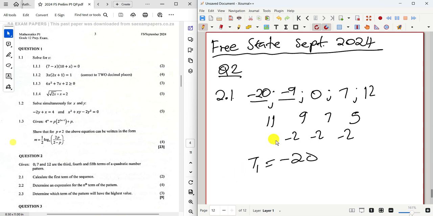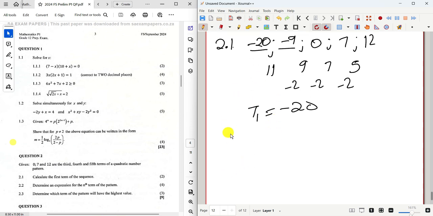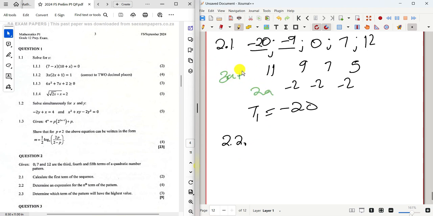Now, 2.2, determine an expression for the nth term of this pattern. You guys recall this corresponds to 2a, this corresponds to 3a plus b, and the first term corresponds to a plus b plus c.